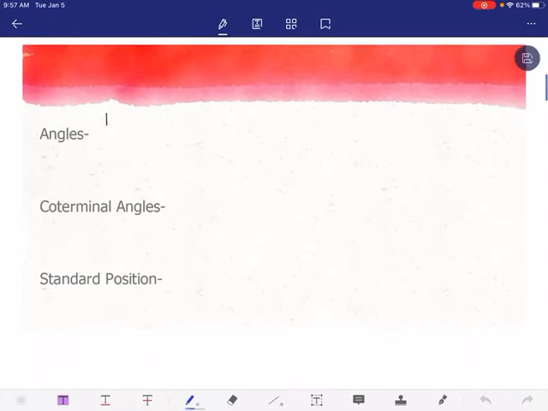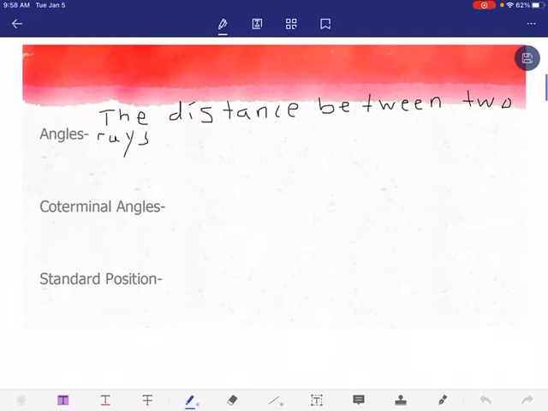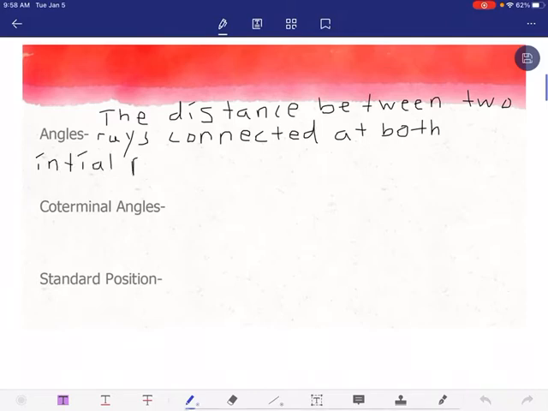In general, an angle is going to be the distance between two rays connected at both initial points.